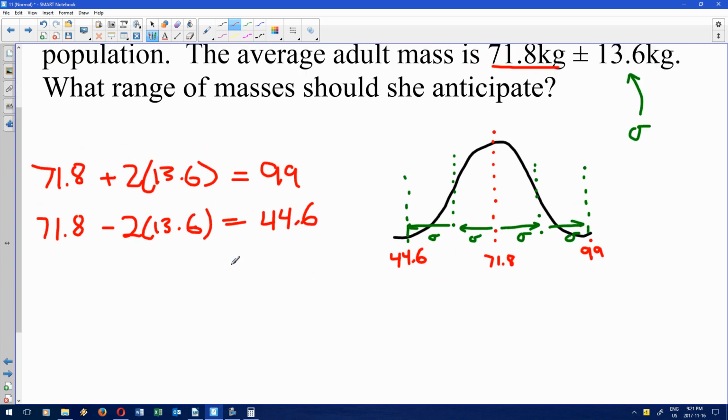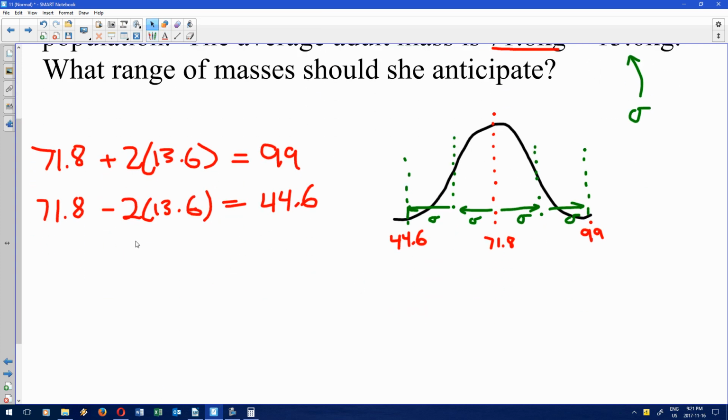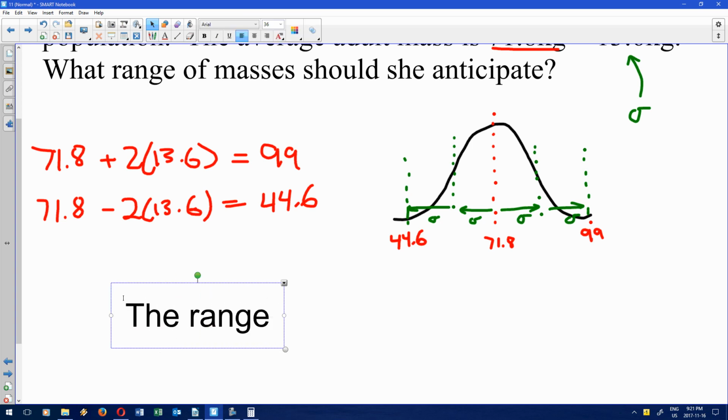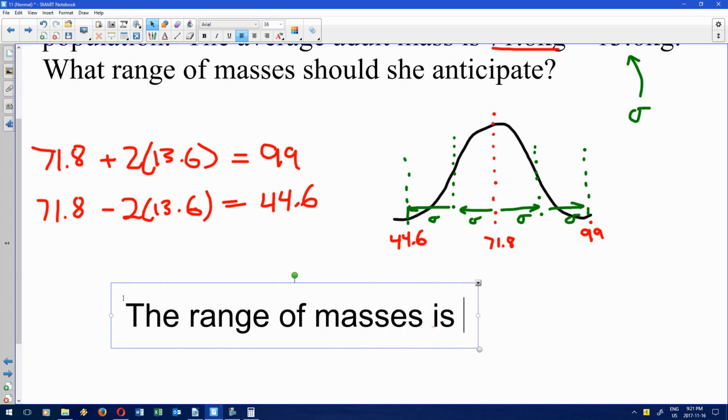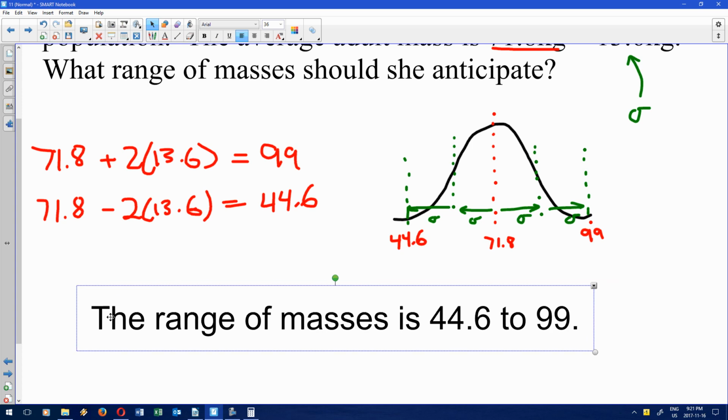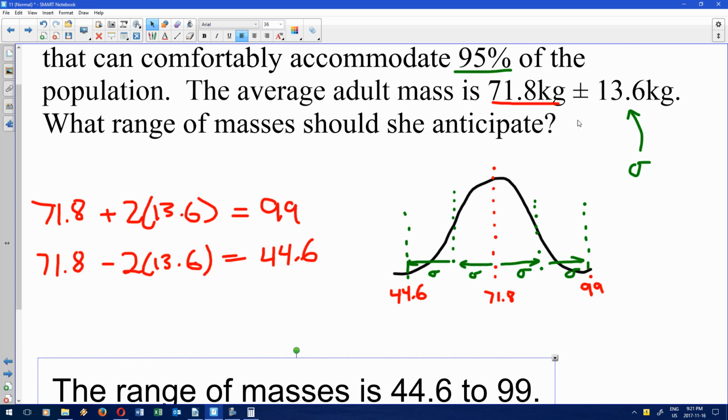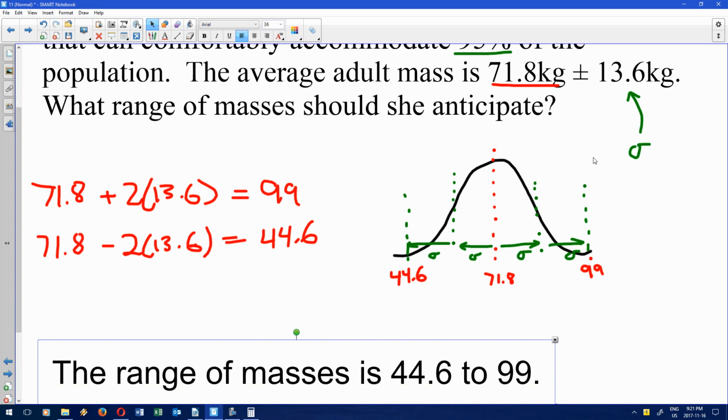So therefore, the range of masses is 44.6 to 99. So that's what they should anticipate in terms of what the seat should be able to handle. And I guess as a final disclaimer here, I have no idea if it is actually the average adult human mass. I just made that stuff up.